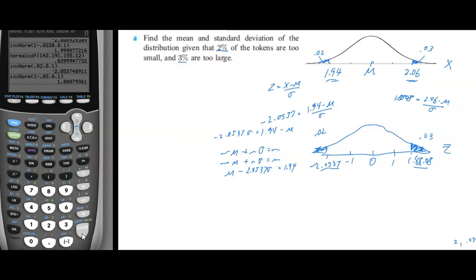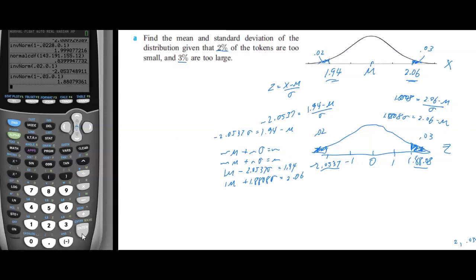Of course, that's 1 mu. And then on this side, we'll do the same thing. We'll multiply both sides by sigma. 1.8808 sigma equals 2.06 minus mu. So that would be 1 mu plus 1.8808 sigma equals 2.06.